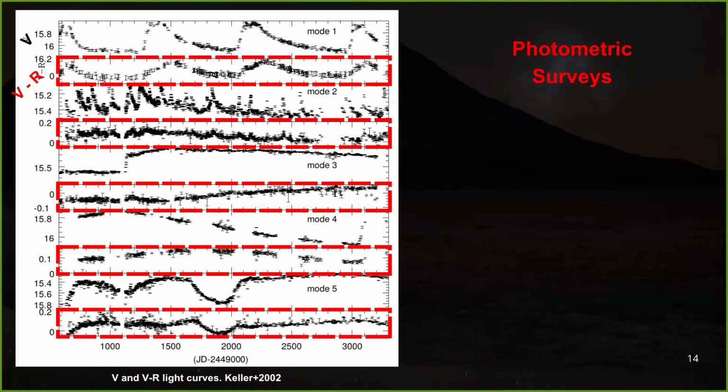So using photometric surveys to study Be stars is not new. Keller and also Mennickent, more than 20 years ago, were trying to understand it.